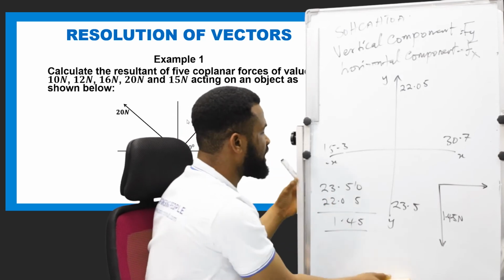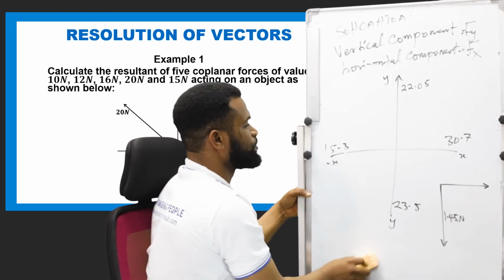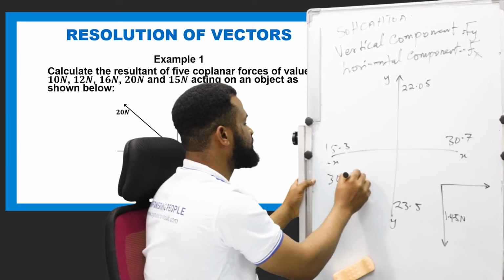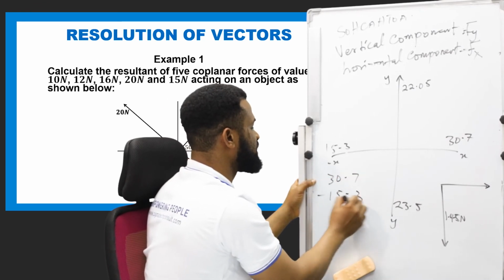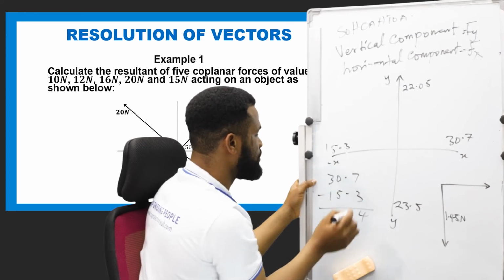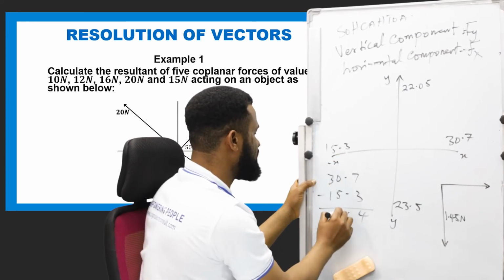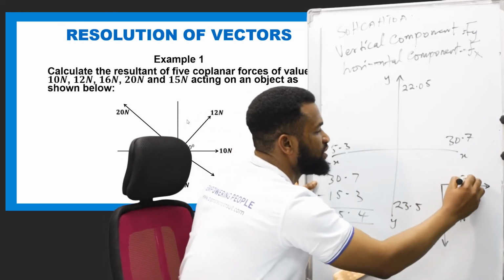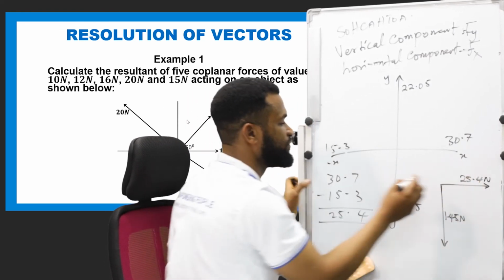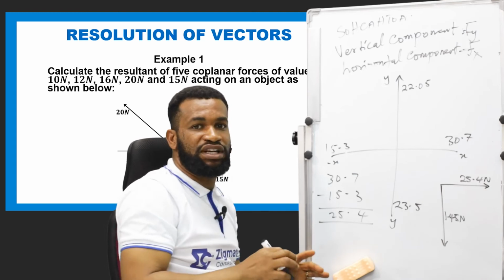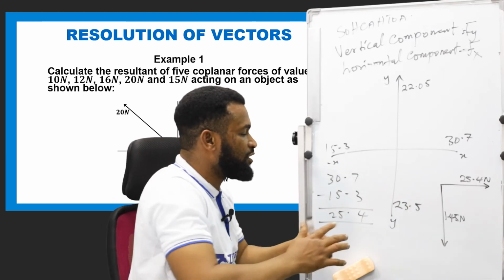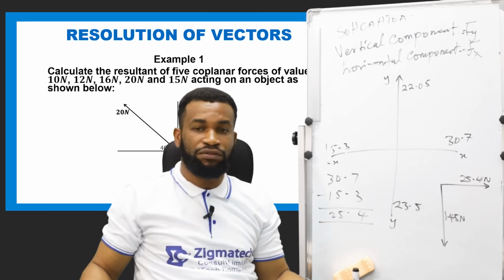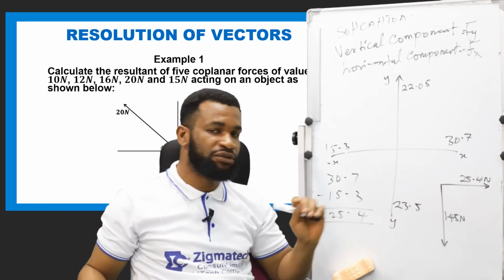Then we're also going to take 30.7 minus 15.3, this is going to be 25.4 Newton. All right, when I do this, I'm going to remove this and now use only these two, because the whole of these forces have been resolved into horizontal and vertical.